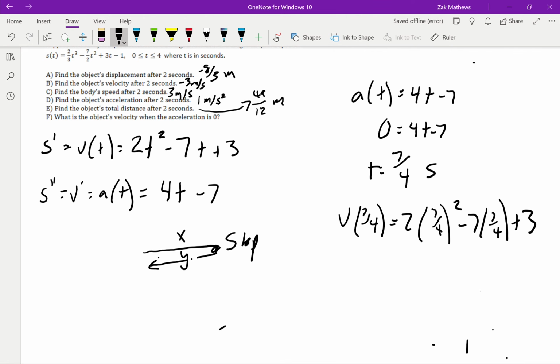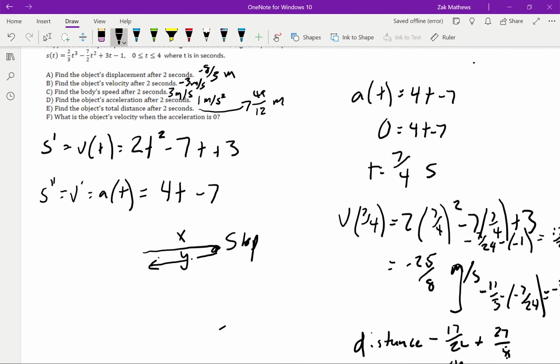And so let me go ahead and pull out my calculator once again. 2 times the 7/4 squared minus 7 times 7/4 plus 3. When I do all of that, I get the fraction -25/8. And this is a velocity, so our unit is meters per second. So that's our last part there.